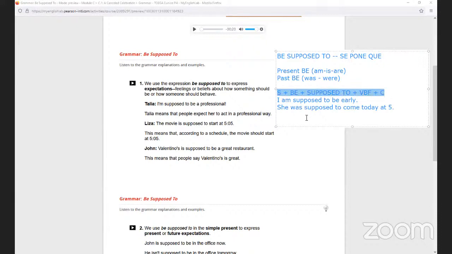The structure that we have for negative is the following. For example, we are going to put only not after supposed to. This is for present, okay? Negative. So, for example, you aren't supposed to visit me.